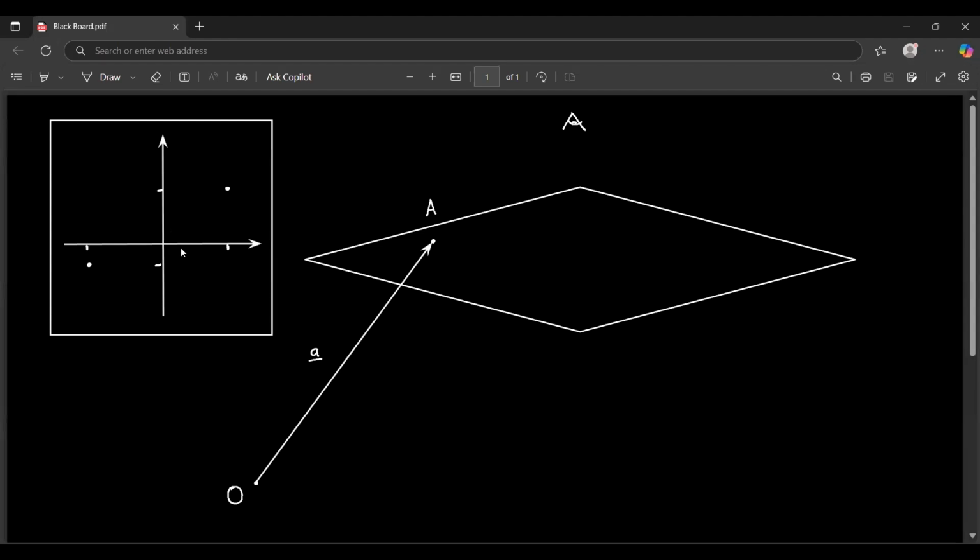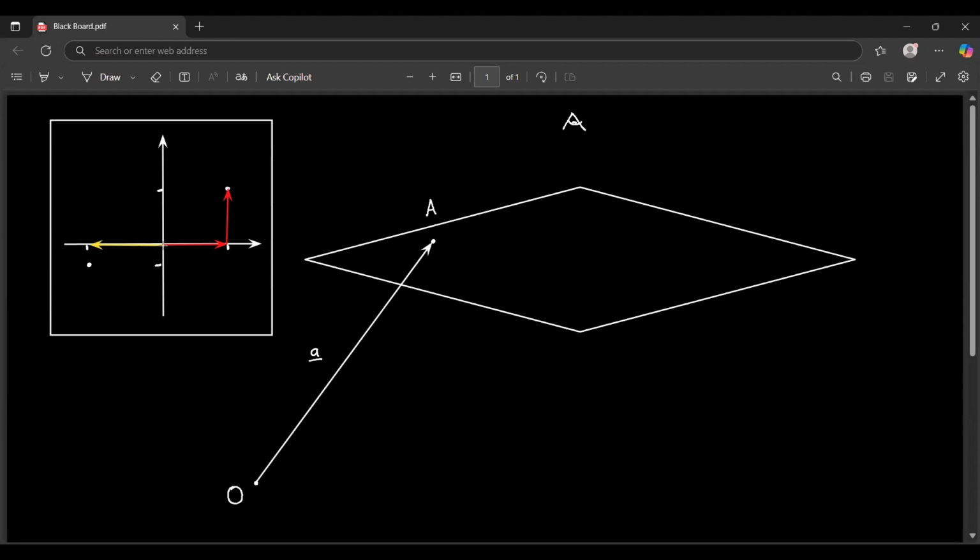So if you come back to the example here, you're going x units in this direction and then y units in this direction. That will take you to the point given there. Let me change the color now.